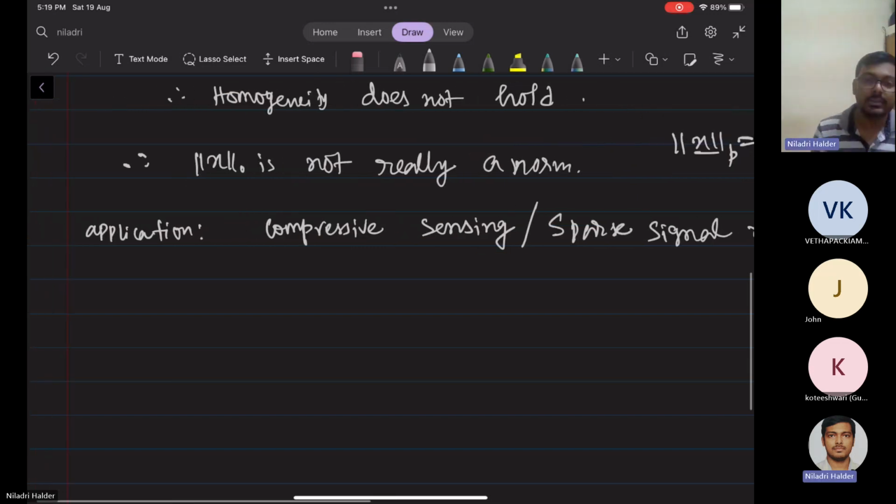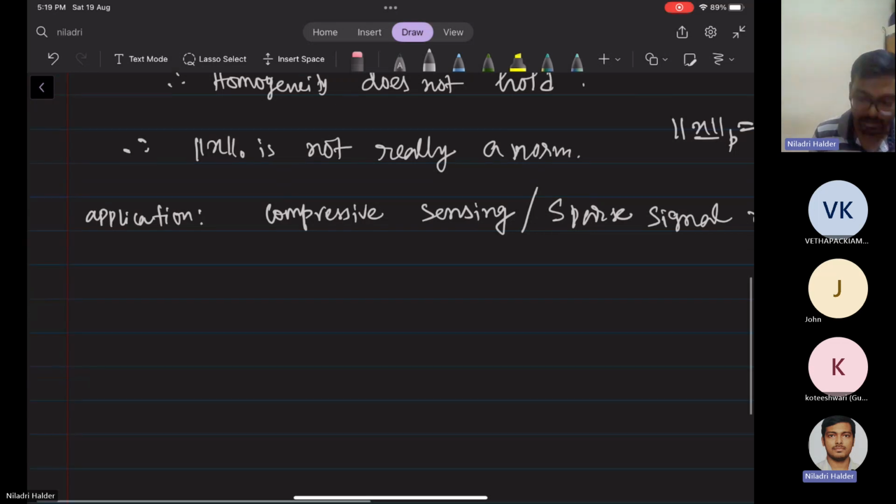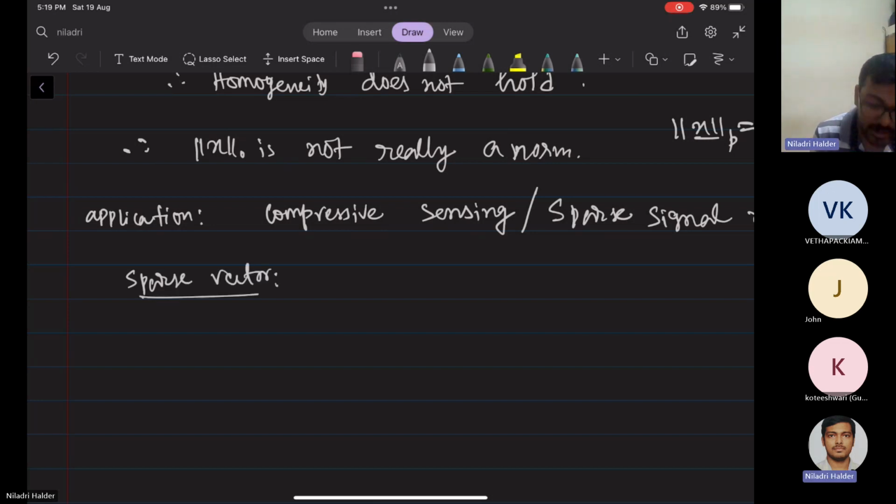So what is sparse signal recovery? Suppose there is a vector x. x is called sparse if x has so many zeros. A sparse vector is a vector which has many zeros.